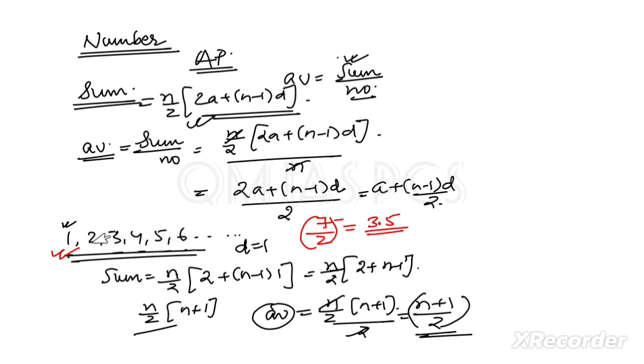In that case it is simple, you can add. But if there are more numbers, let's say more than 30 or more than 50, it will be difficult to add all the numbers. So in that case we have to use the general formula, so be prepared for that also. So here it is the natural numbers.